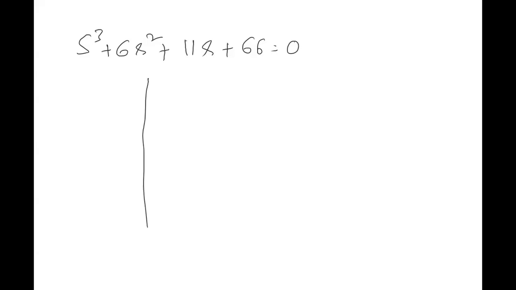Just build the Routh criterion table. This is a third order equation. You will get 3 roots, 4 columns.